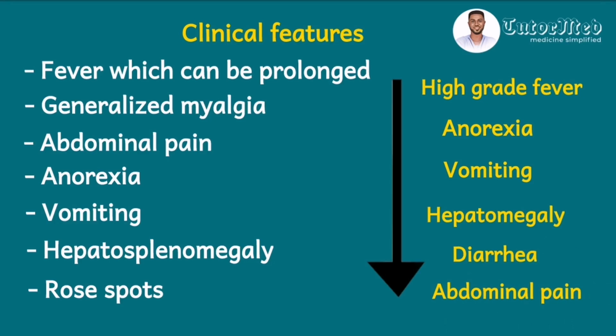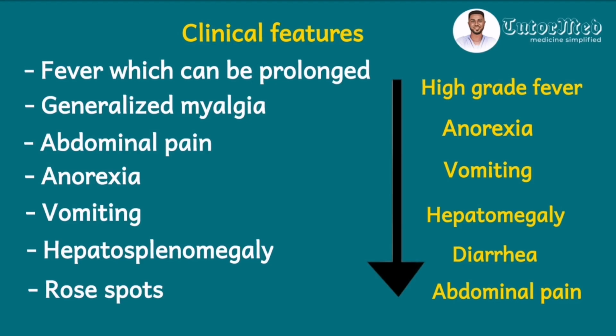The reason why I brought this information is that you see where abdominal pain is, see where it featured, emphasizing the earlier point we made that you don't need the presence of abdominal pain before you think about enteric fever for a patient who presents with fever, particularly when the fever is prolonged and it is still there despite anti-malarial treatment.